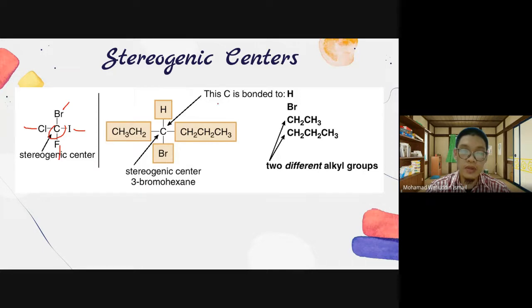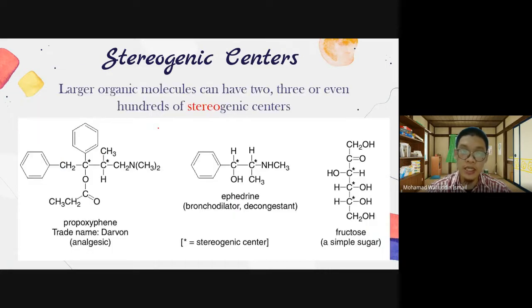And this is another stereogenic center because there are four different functional groups attached to the carbon. So actually this is different from this, and that's why we call this a stereogenic center.